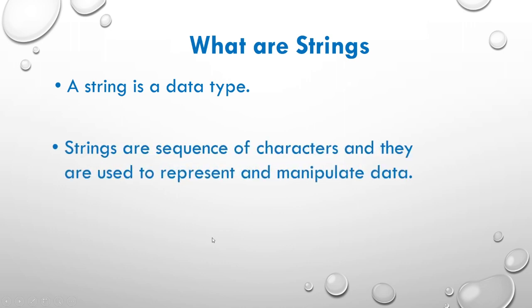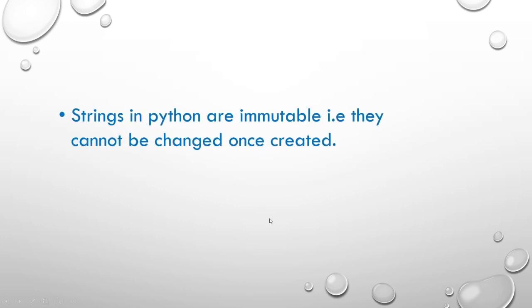They are sequences of characters, and they are used to represent and manipulate data. Basically, for data representation, if you want to modify or change something in the data, you can use a string to do that. Strings in Python are immutable. That means they cannot be changed once they are created.